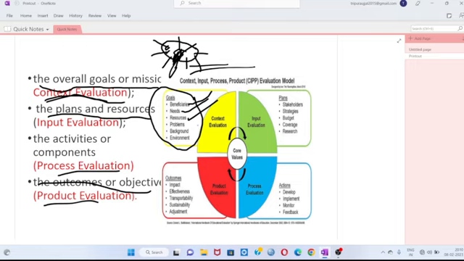Resource: what are the resources, what will be the problem there, background and environment. See, this is the context. Context means a particular time, a particular place. Is the beneficiary there, is the resource available, problem, background, environment.